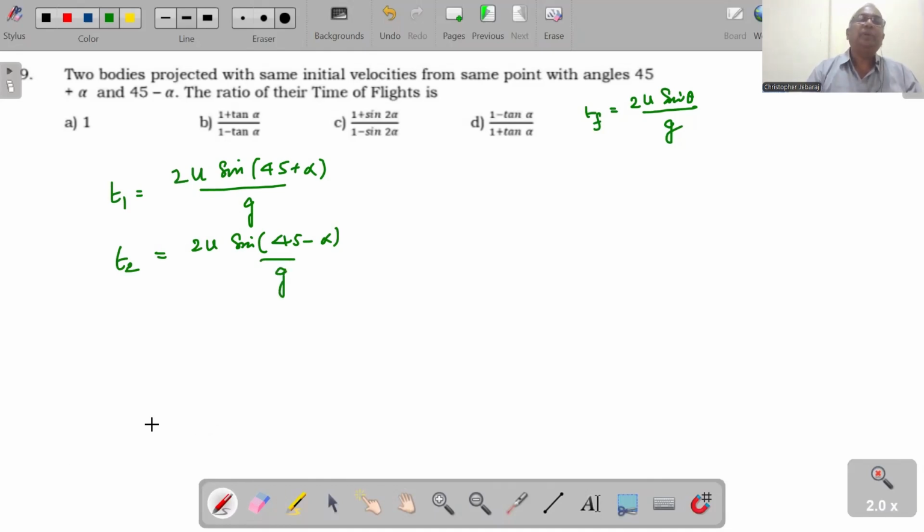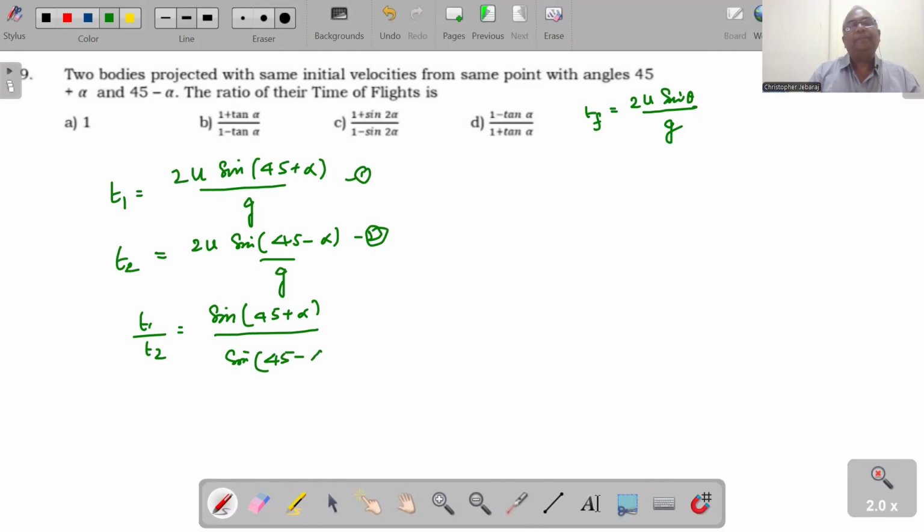We'll take t1 by t2. When we divide t1 by t2, that gives the ratio of the time of flight. 2u gets cancelled, so we get sin(45 plus alpha) divided by sin(45 minus alpha).